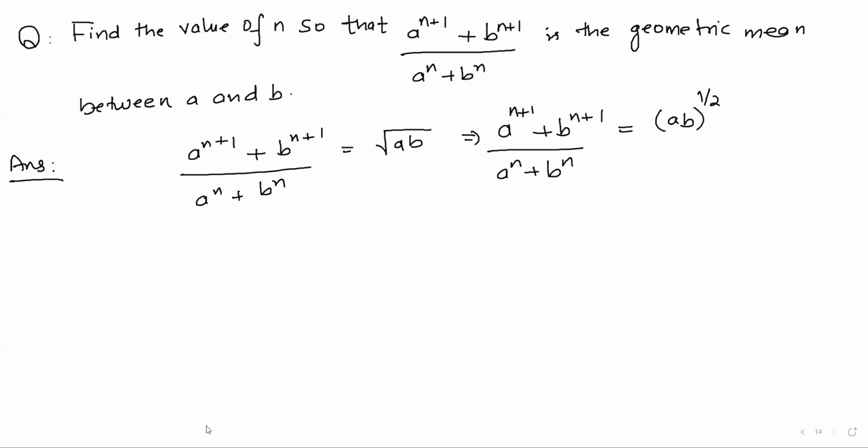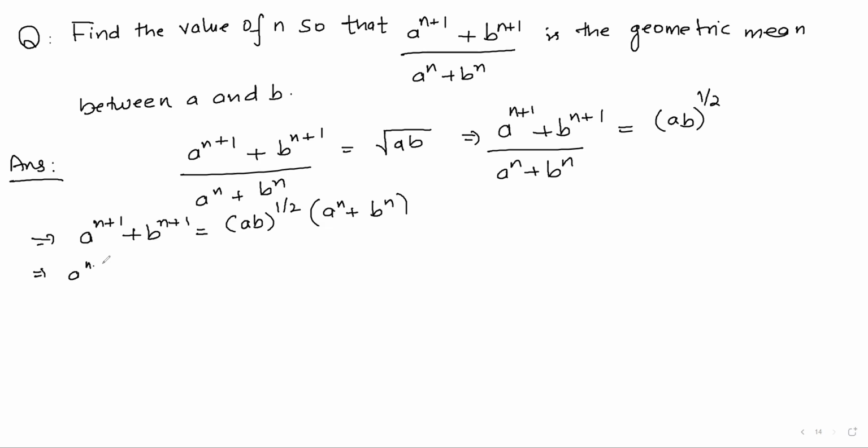सर ये सोल्व नहीं हो पा रहा है. Okay, Sparsh, I will do this. So cross multiply this, you will get a to the power n plus 1 plus b to the power n plus 1, and this is equal to ab to the power half into a to the power n plus b to the power n.